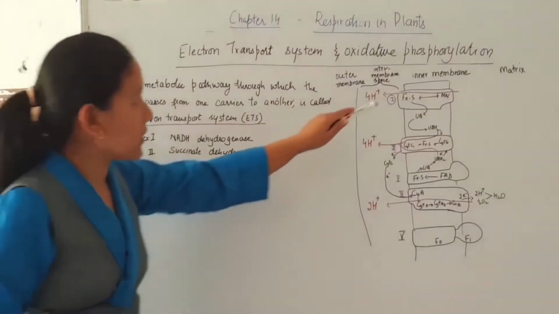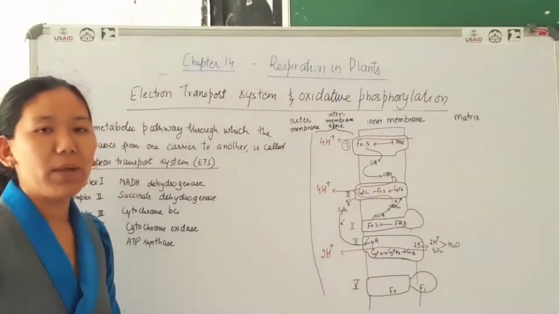So the electron transfer system, you find it on the inner membrane of the mitochondria.